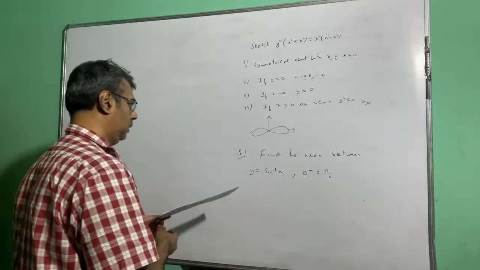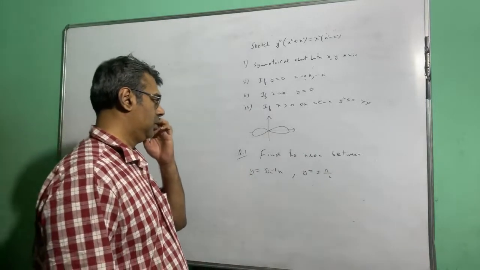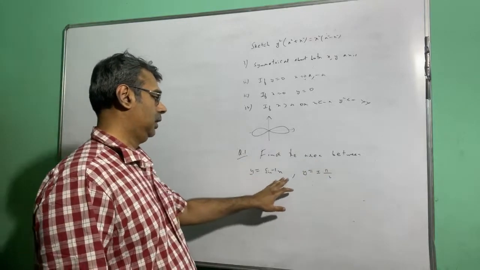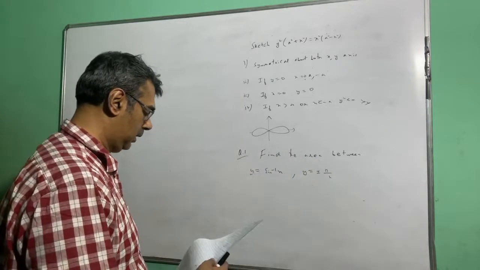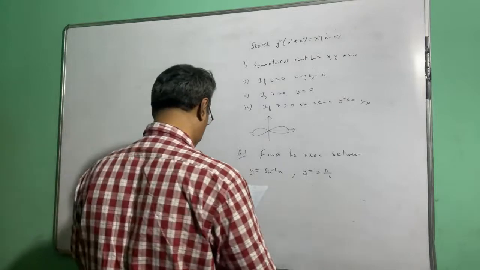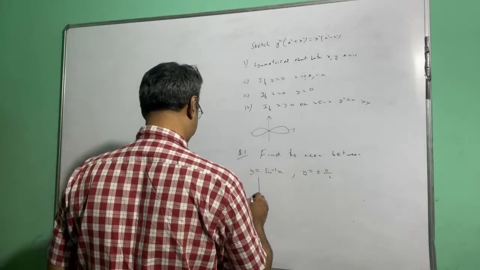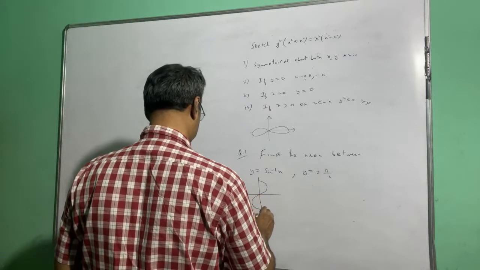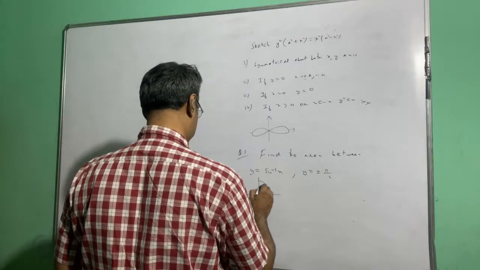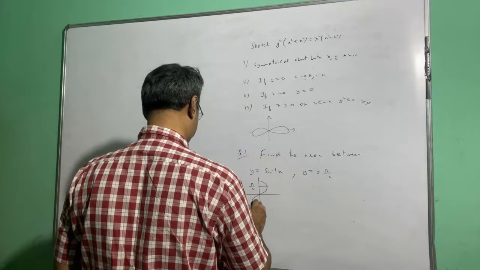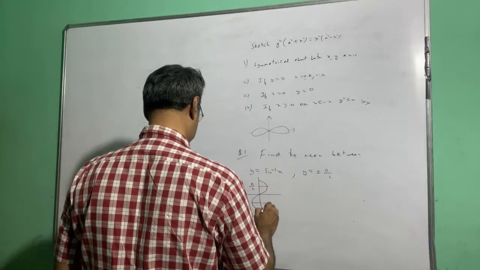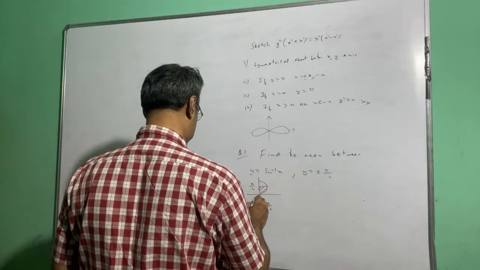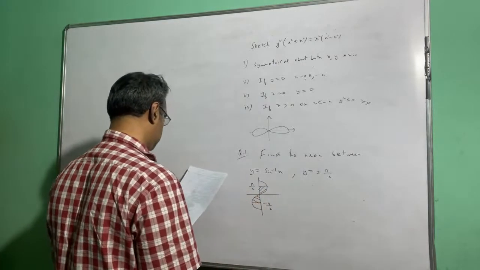Then we come to the next question. Find the area between y equal to sin inverse x and y equal to plus minus pi by 2. That is the question. So this is how the graph will look.